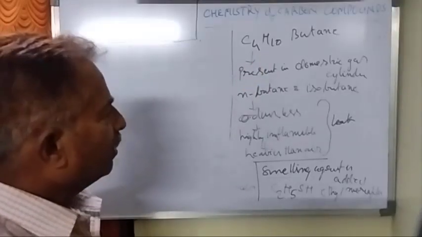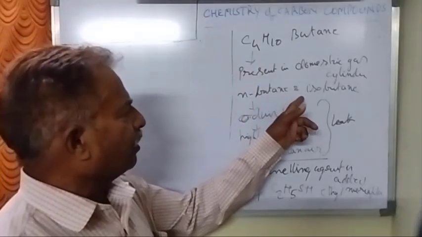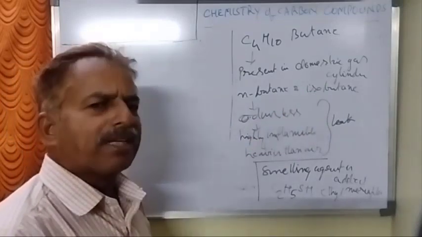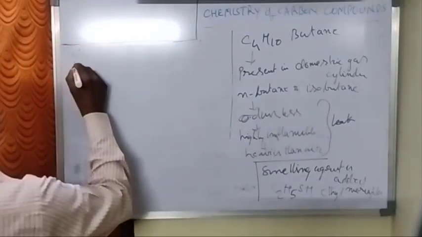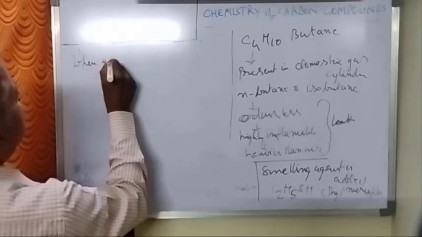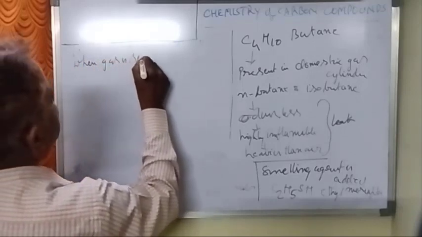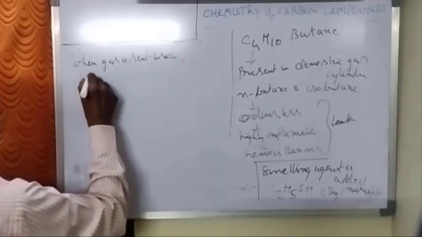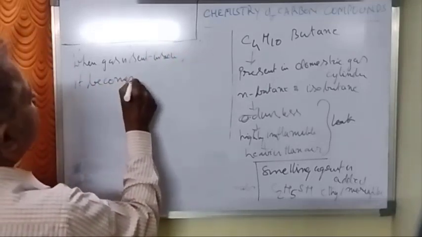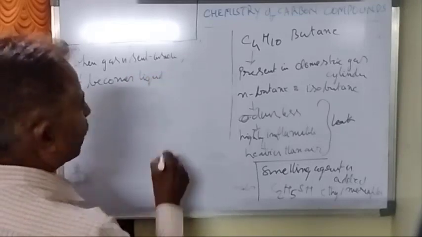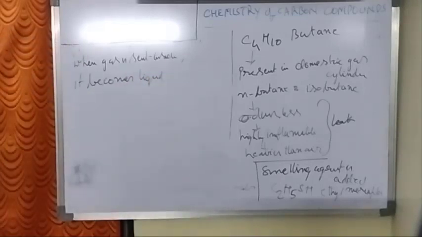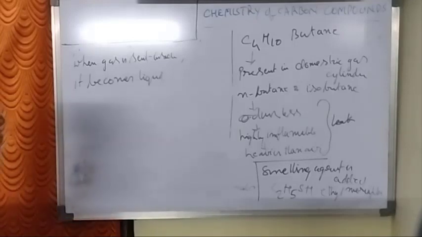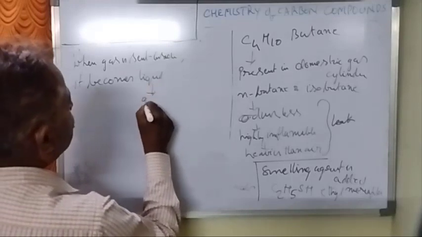The gas filled in domestic gas cylinders is n-butane, a mixture of n-butane and isobutane, that is mainly butane. When the gas is sent inside, it becomes liquid. When the nozzle is opened, that is the regulator, the gas comes through the regulator of the cylinder, and this liquid becomes gas.